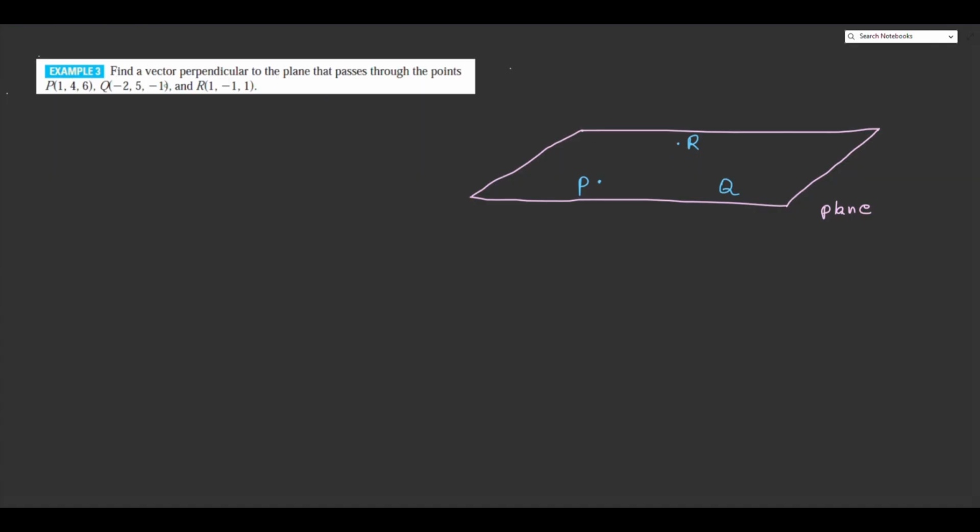What he is asking you is to find a vector perpendicular to the plane. We need to find a vector which is perpendicular to this plane. So how can you do this? First of all, you find the vector PQ. This is the first thing we have to do. Then another vector you need to find is PR.